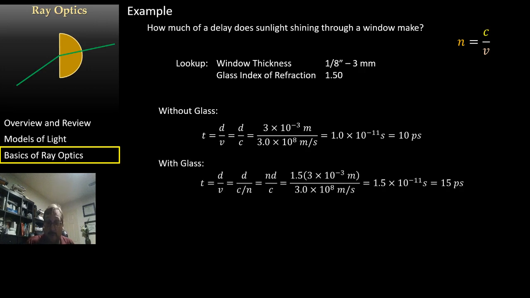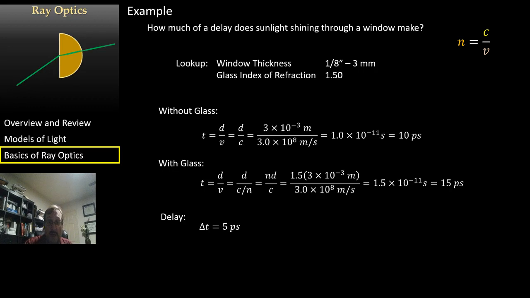Well, we have, for the velocity now, instead of c, we have c over n, which means we have that n, the index of refraction, times d over c, which is about 1.5 times whatever we found before, right? Because otherwise it's just n times d over c. We found d over c already. That's 15 picoseconds.